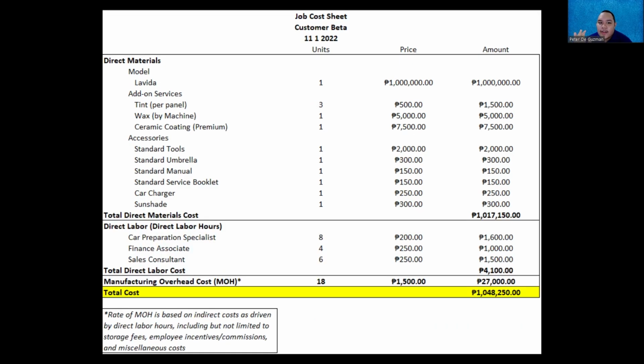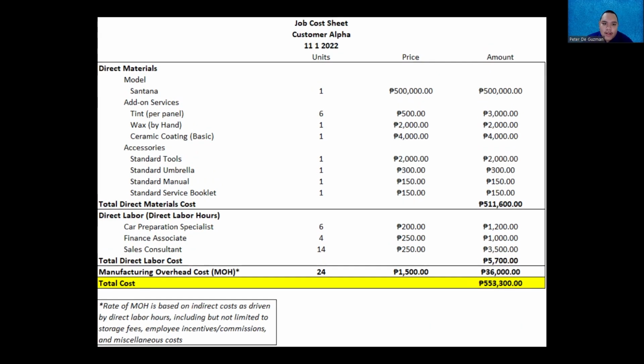So, once again, we have Alpha, Beta, and Charlie. Okay, let's take a look at the job cost sheet of customer Alpha. We can see here that everything is pretty much straightforward, self explanatory. But let's take a look at certain items. Let's move to direct materials first.